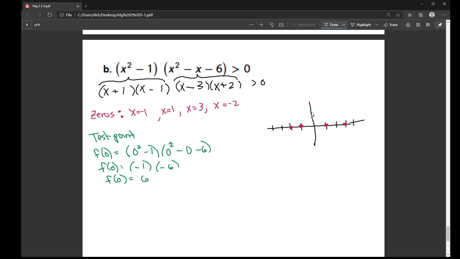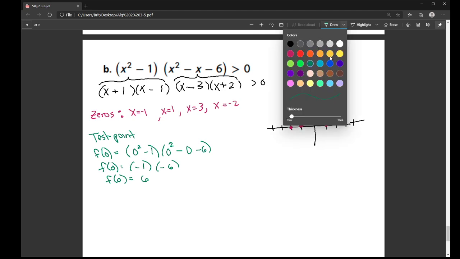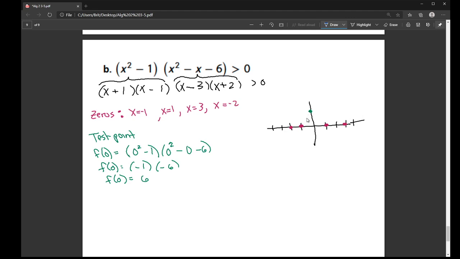So at 0, this graph definitely goes up. So I know here we have a bump like that. Now again, it passes through each of the zeros, so this passes through and has to turn around, and it passes through. And then here it passes through, turns around, and passes through. So we get a weird kind of W-shaped graph.